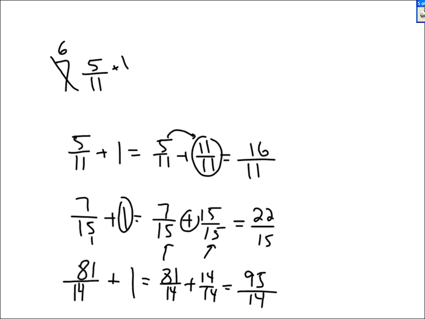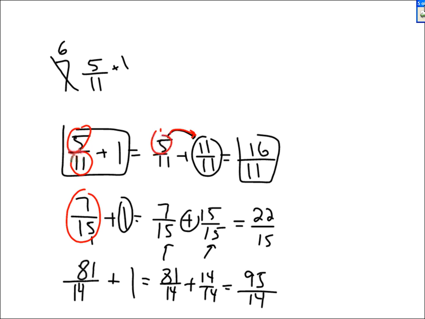Assured way of figuring out what this is. How do we go from there right to here? And the answer is, to the numerator, we added 11. Oh, 11 was right in the bottom.